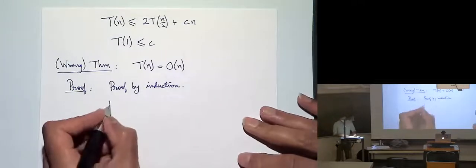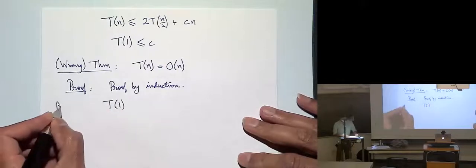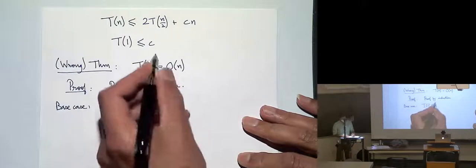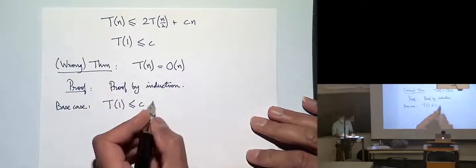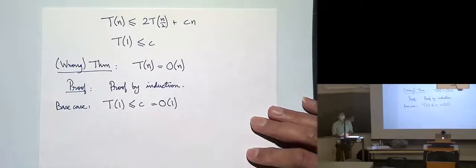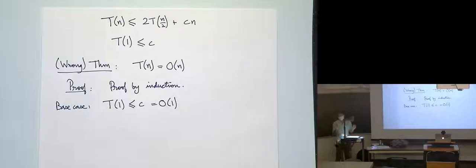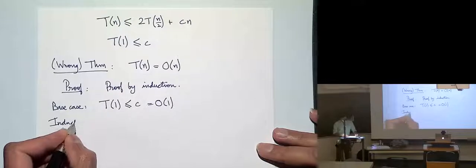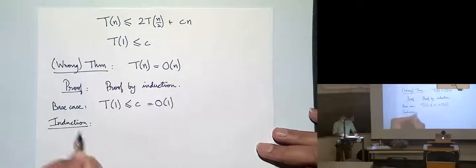Okay? So base case is what? T of 1 is at most C. We know this. And this is at most O of 1. Okay, so base case is fine. The induction.